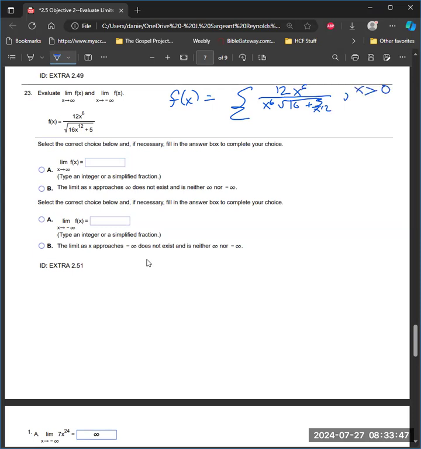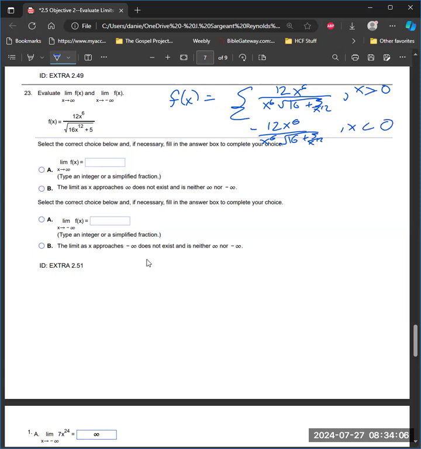It can't be equal to 0 there because then I have an undefined denominator. And it's a -12x to the 6th over x to the 6th square root 16 plus 5 over x to the 12th when x is less than 0.